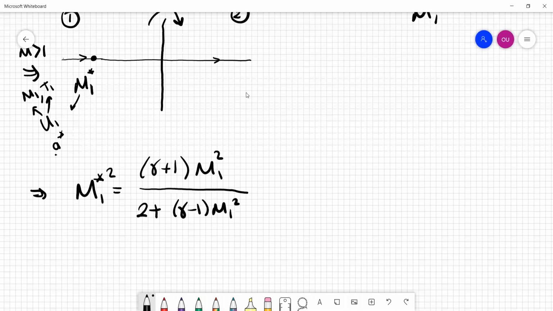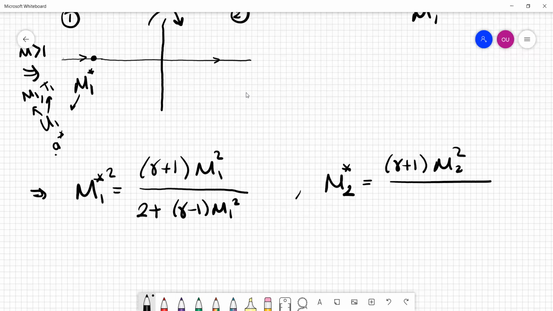And we also can write separately an equation for M2 star, which is written in terms of the local Mach number after the shock wave: M2, 2 plus (gamma minus 1) times M2 square. Well, these two are related, meaning, by the way, this is also square, right? If you multiply these two, M1 star times M2 star must be equal to 1.